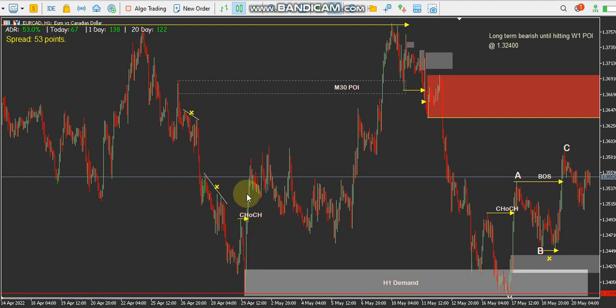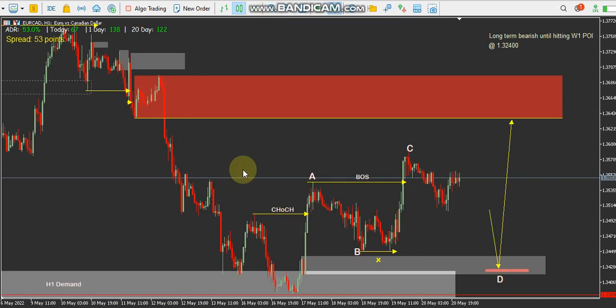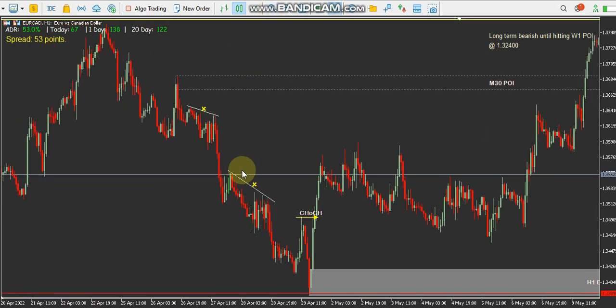Now look at how impulsive the move was. It was an aggressive move to the upside, breaking this structure and leaving a lot of imbalance here, which qualifies it to be a demand zone.